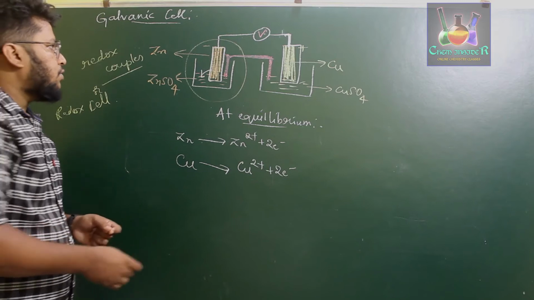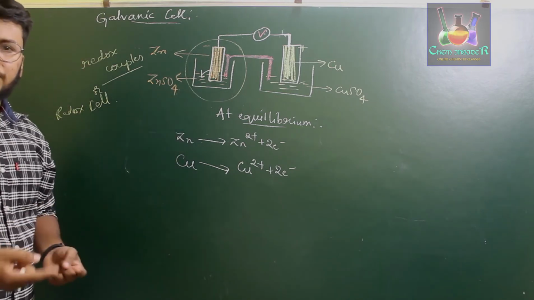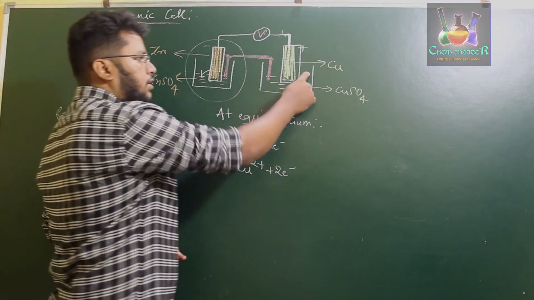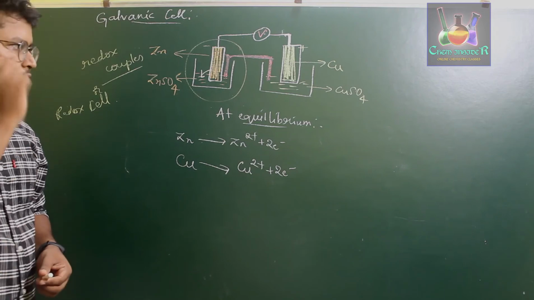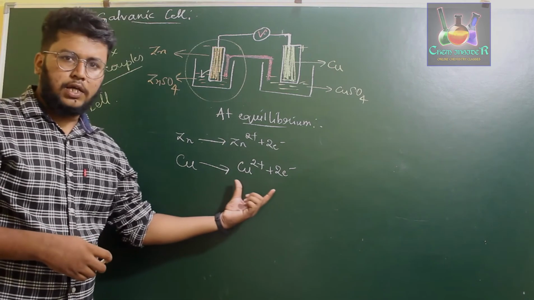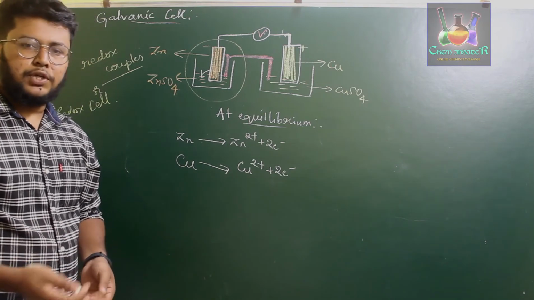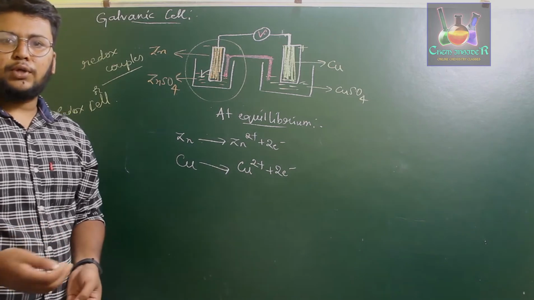That is, if we consider zinc with zinc sulfate solution, they have a different potential, and similarly copper with copper sulfate solution has a different potential. Therefore, what we observe is when copper tends to lose electrons, it has a different potential, and when zinc tends to lose electrons, it will carry a different potential.